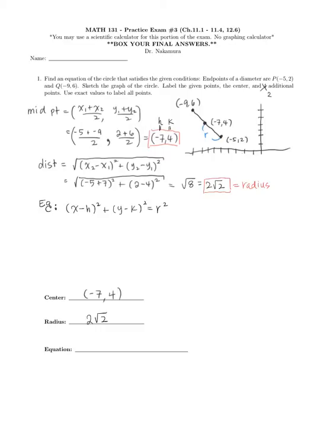Keep that in mind. Now let's plug them in. So here it looks like x minus negative 7, so it's plus 7 squared, plus y minus 4 squared equals r squared. So radius squared is going to be 8. Okay, now before I forget, let me draw that circle. That does not even look like a circle, but pretend that that's a circle, please.